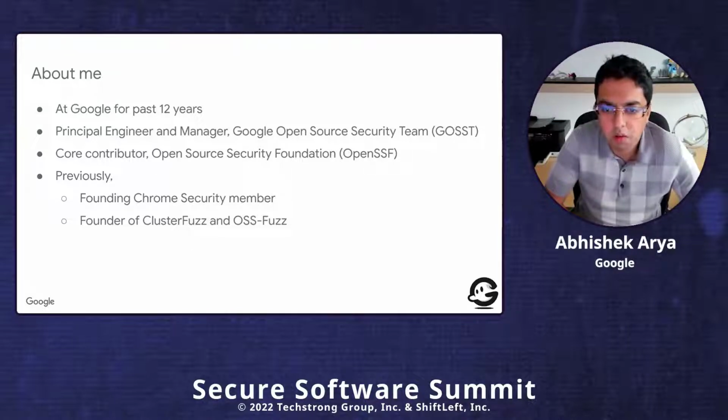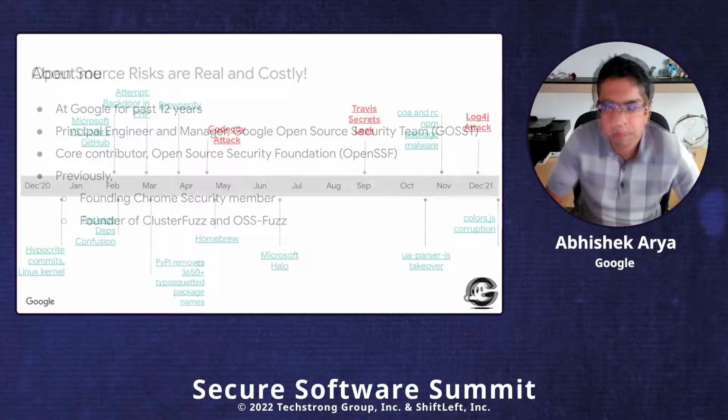Prior to this role, I was also one of the founding members of Chrome Security and built all the vulnerability management practices from scratch. This includes projects like ClusterFuzz and OSS-Fuzz, which are highly prevalent in the open source community and found more than 30,000 bugs.